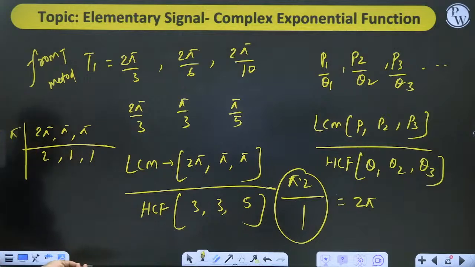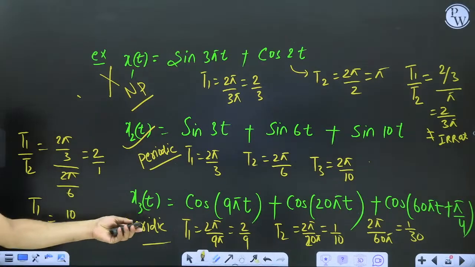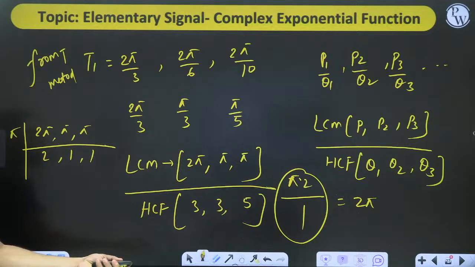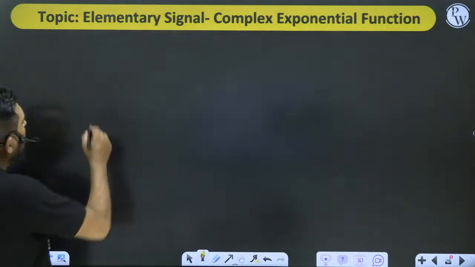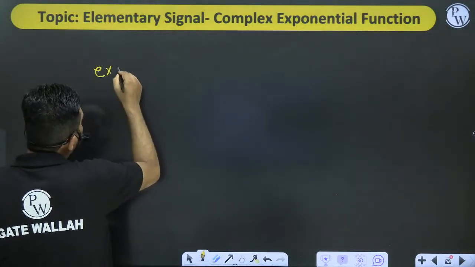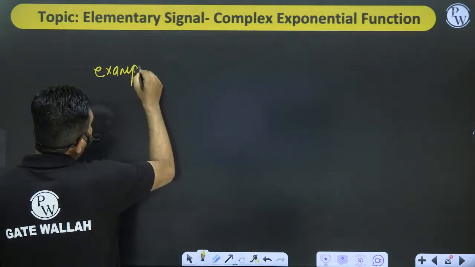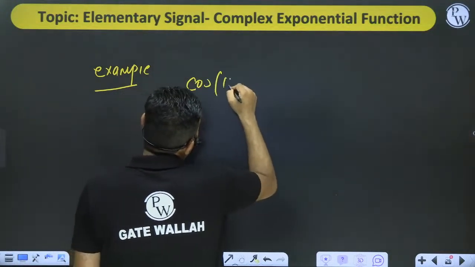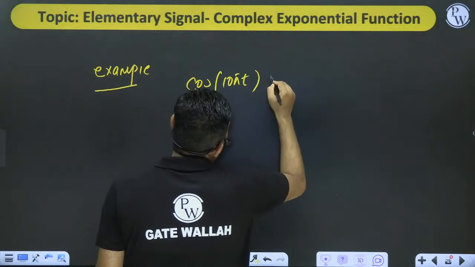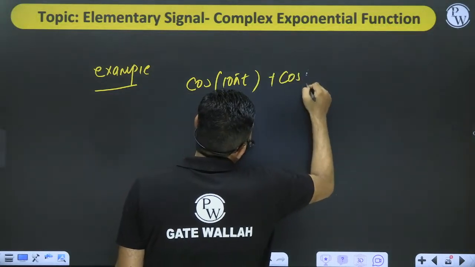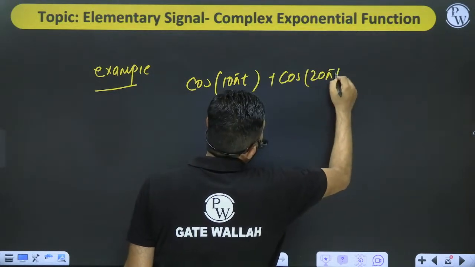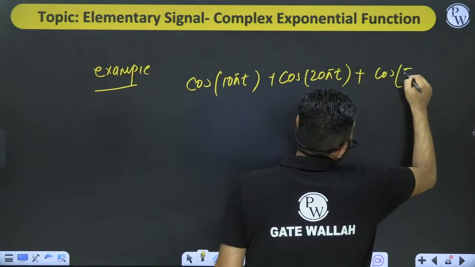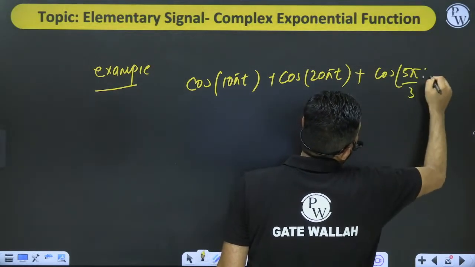For example, let's take an example: again, suppose I have cos 10 pi t plus cos 20 pi t plus cos 5 pi by 3 t plus pi by 4.